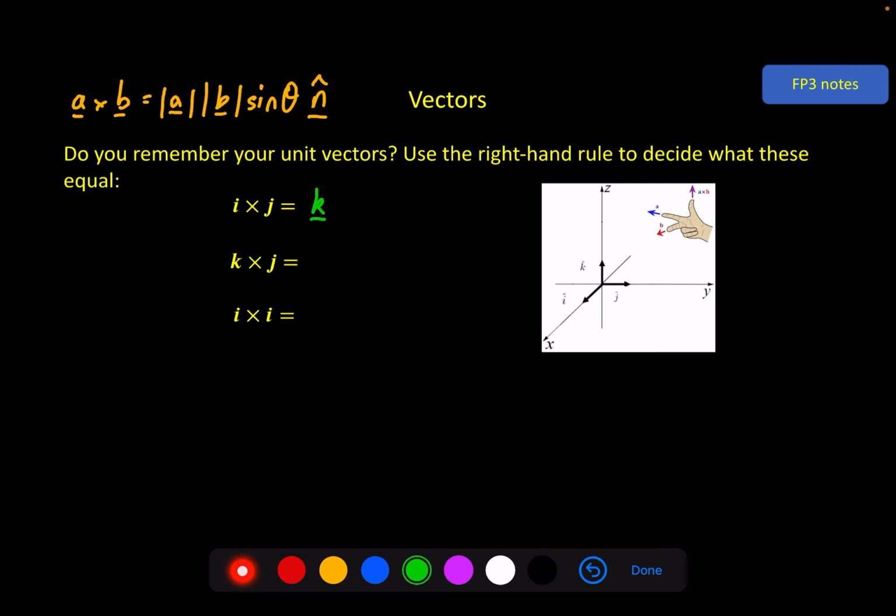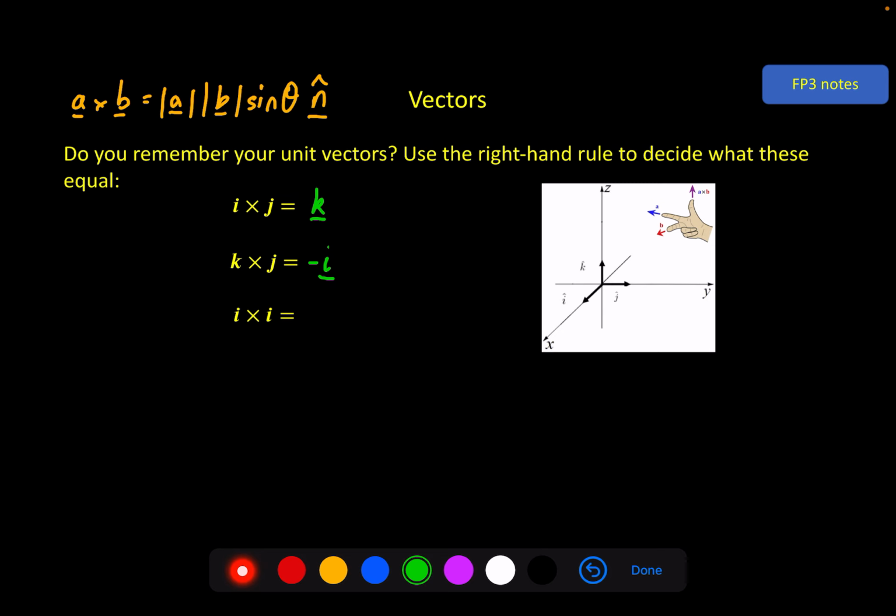And then if you can twist your hand enough, and you point your forefinger along k, your middle finger along j, your thumb should point along the negative x-axis, which gives us the answer minus i here.